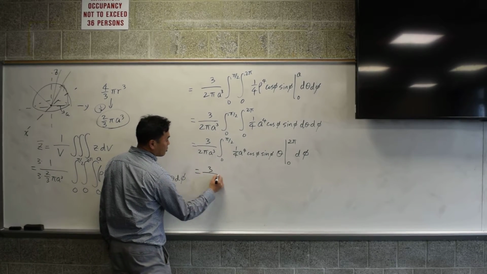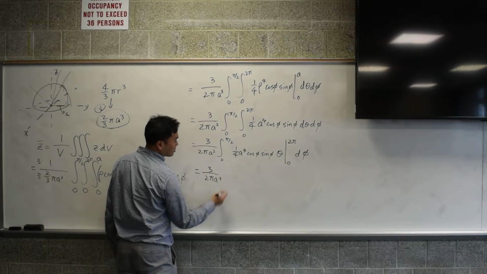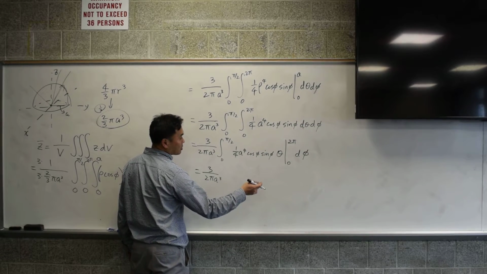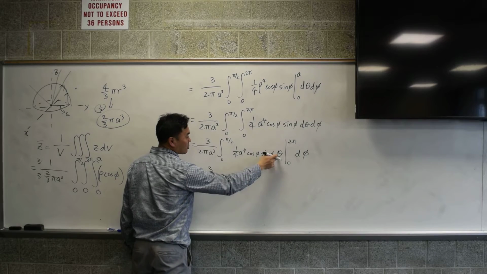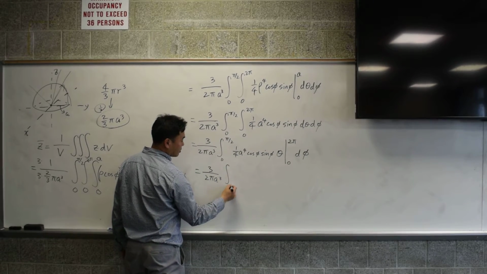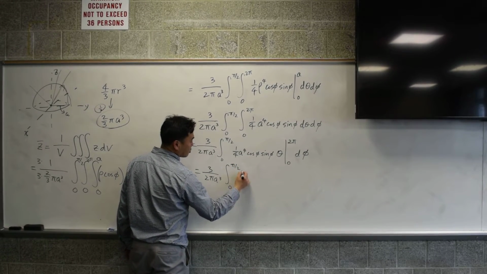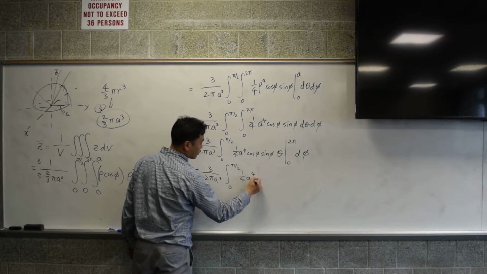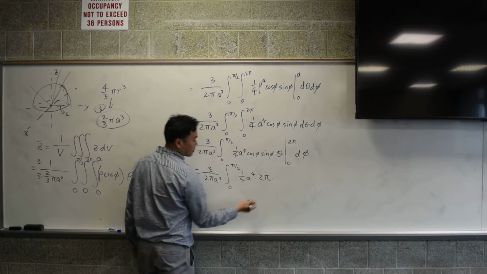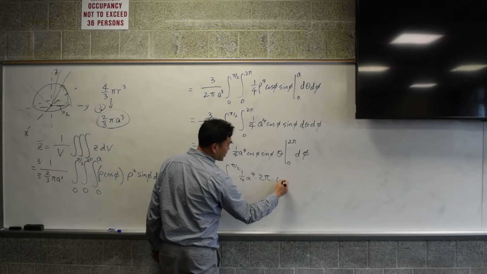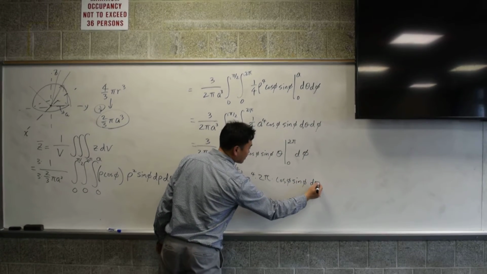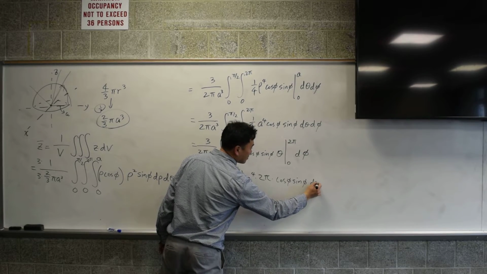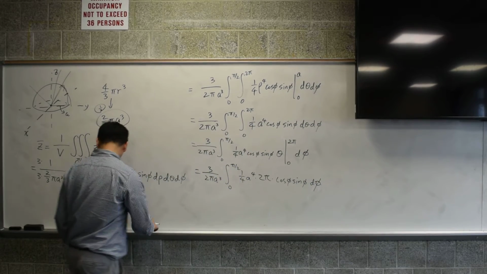Alright, it's 3 over 2 pi a cubed. And then when I plug in 2 pi to theta, that's 2 pi. When I plug in 0 to theta, that's 0. So I end up with 1/4 a to the 4th times 2 pi from the theta, and you still have cosine phi sine phi d phi. Okay, I see something good here.